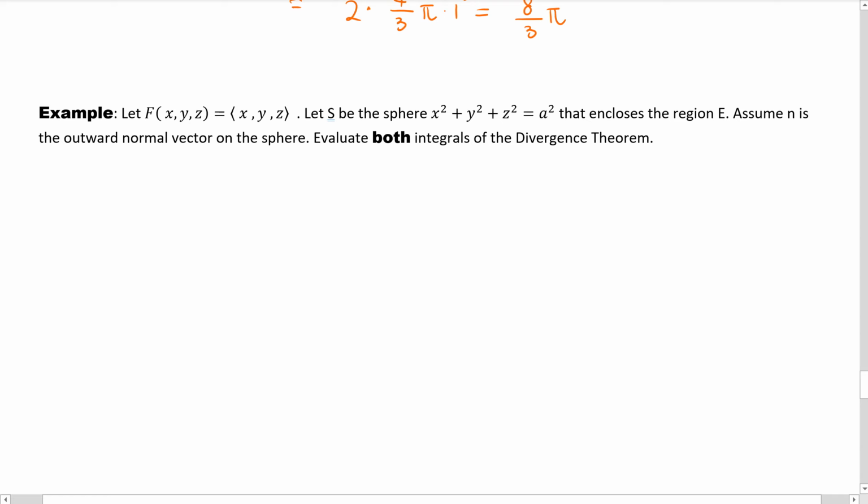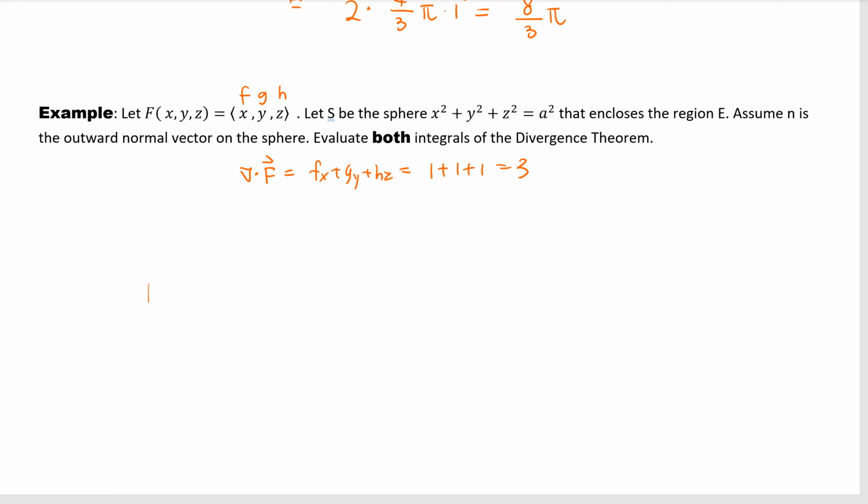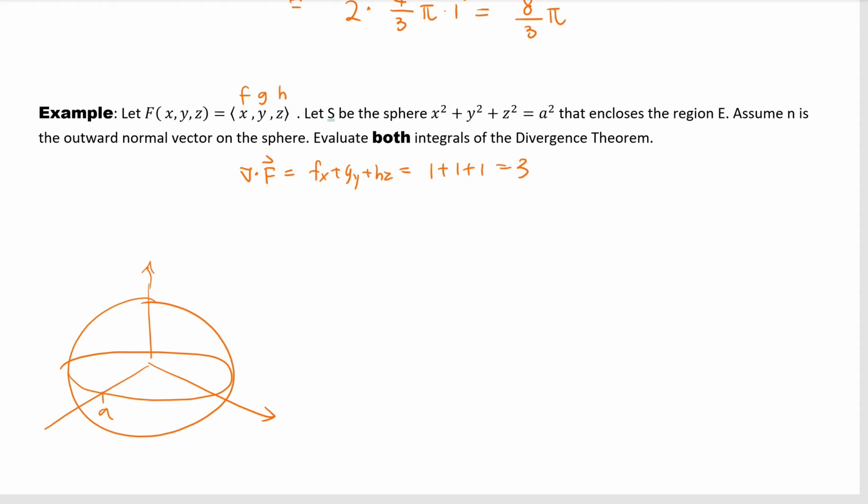Let's do the triple integral first because it's easier. So F, G, H: the divergence is Fx plus Gy plus Hz, and 1, 1, 1 is 3.